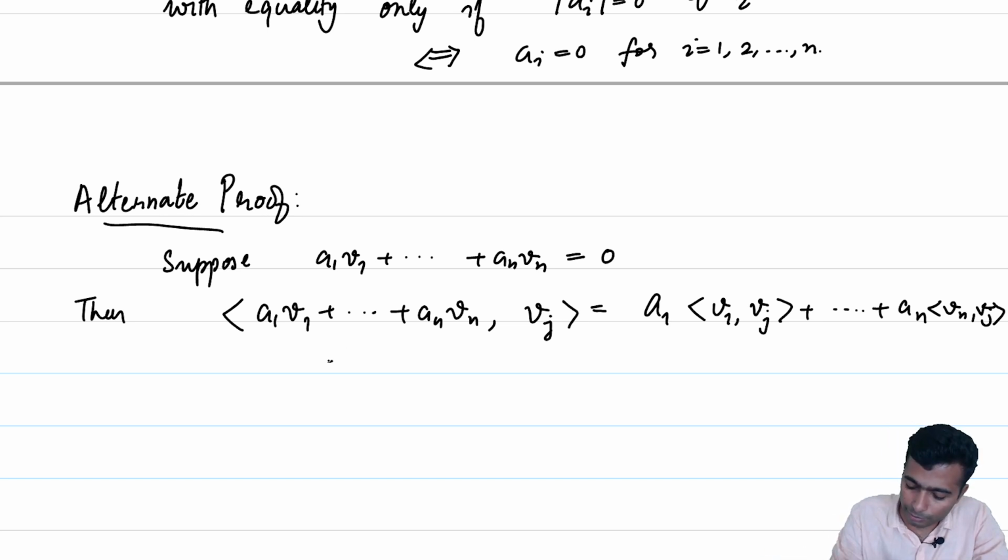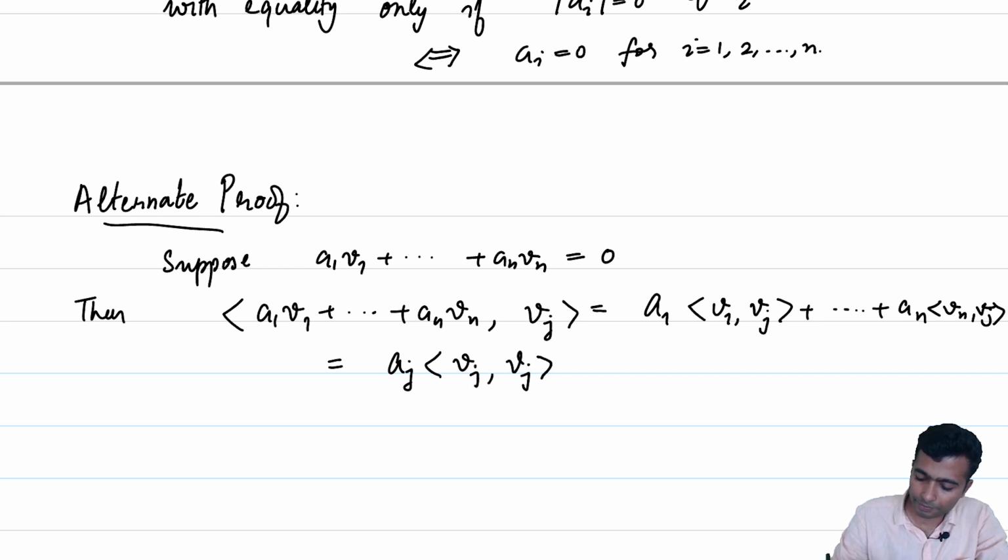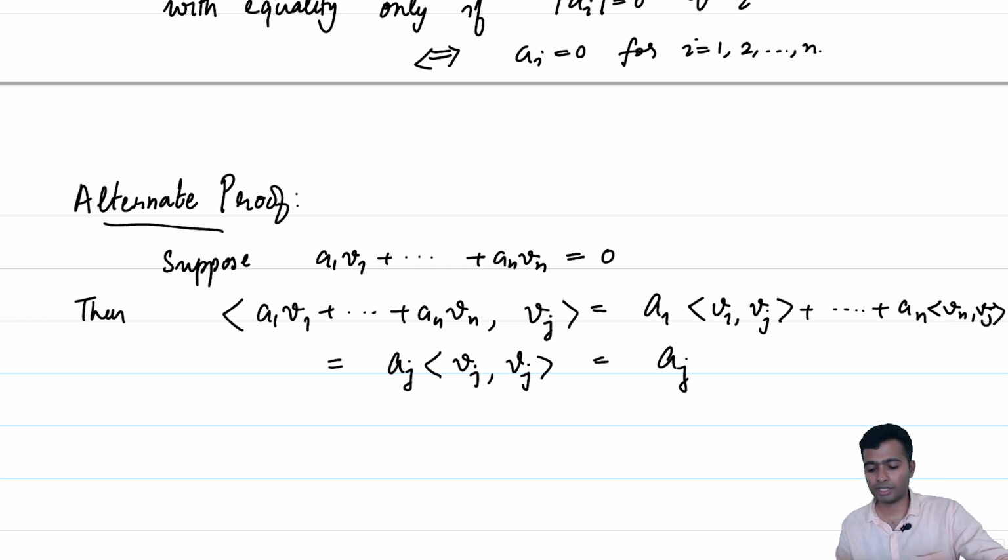So this is just going to be equal to aj times the inner product of vj with vj, which is equal to aj, because the length of vj is equal to 1. All other terms vanish, notice that. But what is a1 v1 plus a2 v2 up to an vn? It's just the 0 vector.